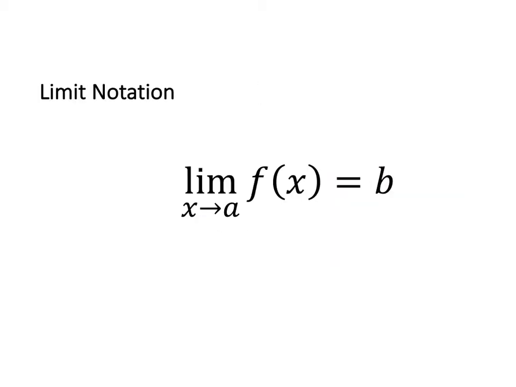Now, what does limit notation look like in mathematics? This is what it would look like, and it's read as the limit of the function f of x as x approaches a is equal to b.